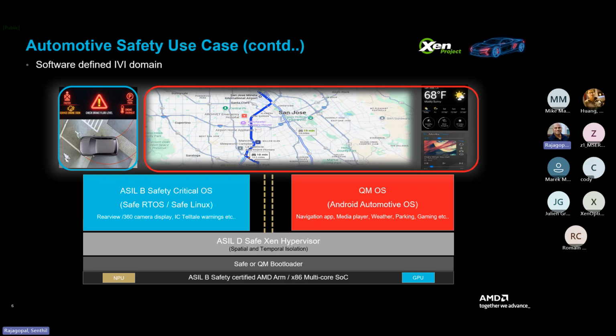Otherwise, your non-safety-critical applications will crash the safety-critical application at a particular time. Imagine a car running on a highway and a media player going and killing the telltale application. The driver loses all the safety-critical information on the dashboard, so there is less controllability for the driver on the highway, and the safety goal is violated.